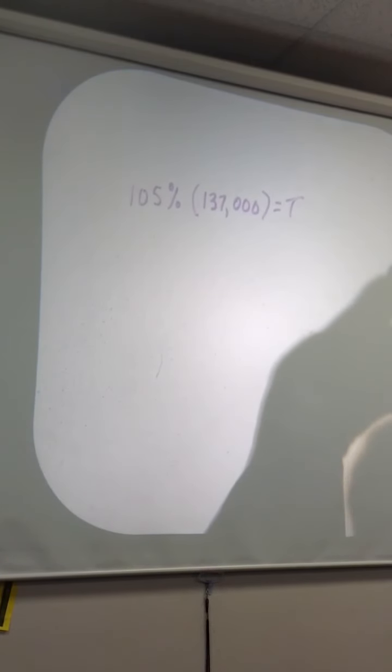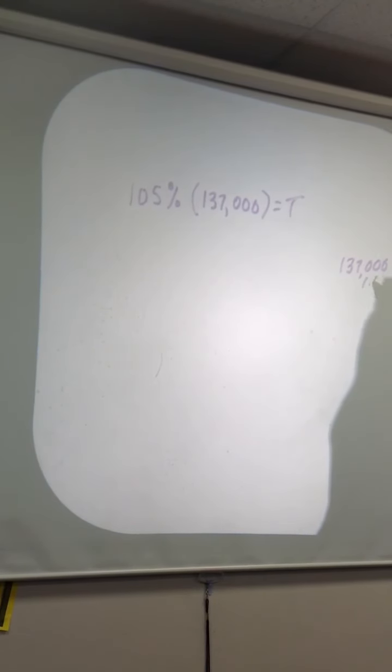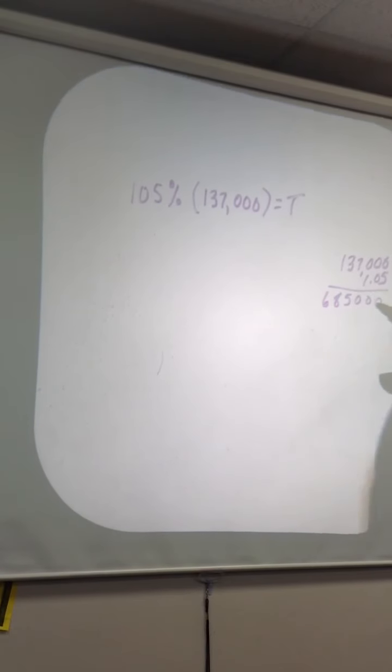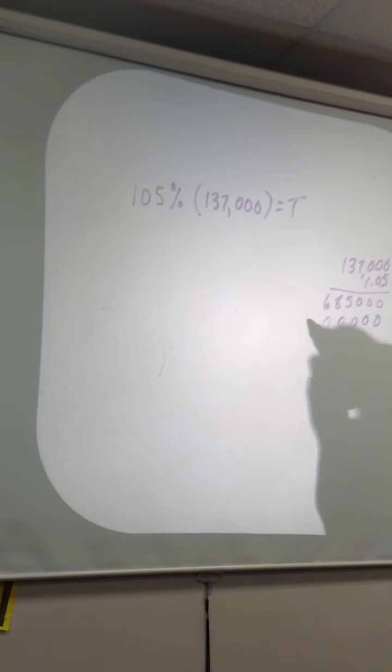What would you do, Alex? 137,000 times 1.05. That's right. 137,000 times 1.05. 2, 3, 18, 6. You guys like that extra zero in there, don't you? 1, 2, 3 from this position. 1, 2, 3, 7, 3.